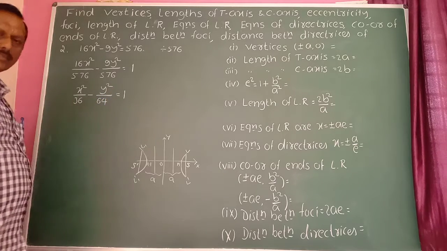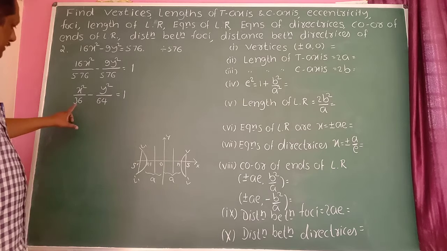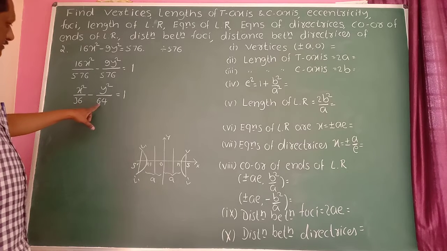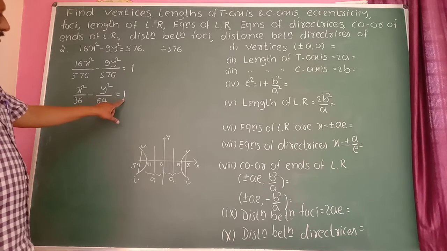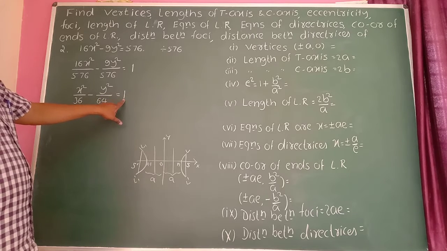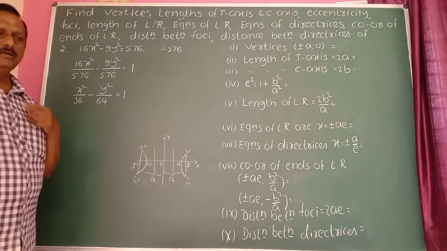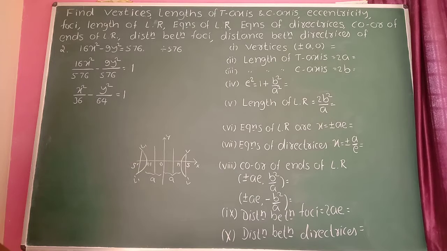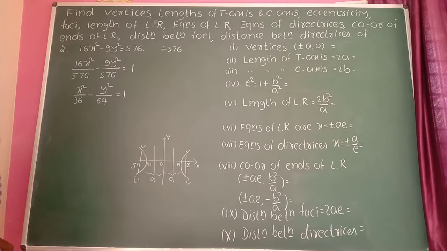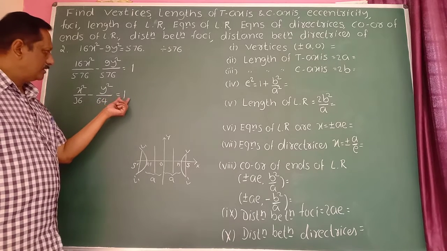to 1 here. So in this case especially, 36 is less than 64, even though RHS is plus 1 here. Okay, the transverse axis and conjugate axis are decided using this RHS term.